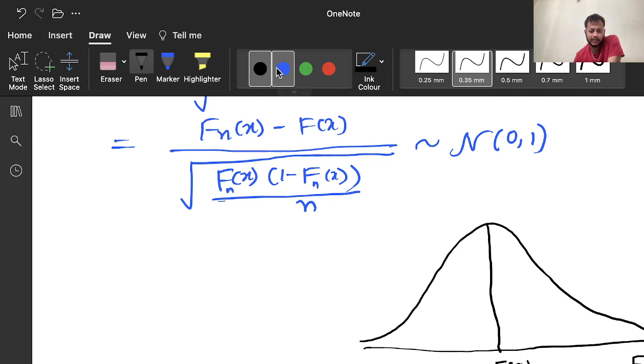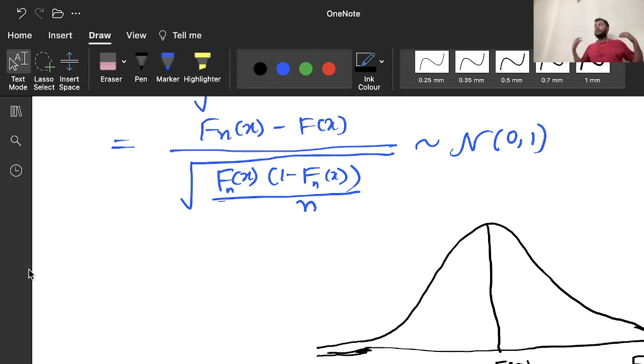Now we want to see what the value of Fn(x) is such that the probability that F(x) remains inside this region is 1 minus alpha, that is 100% times 1 minus alpha. So let me write it, then it will be clear.